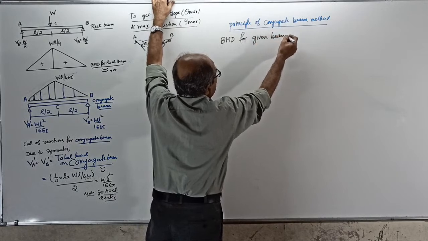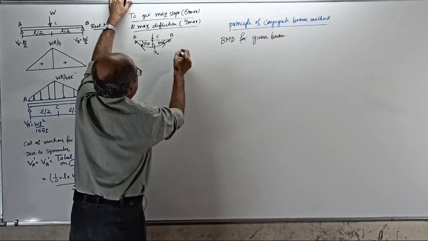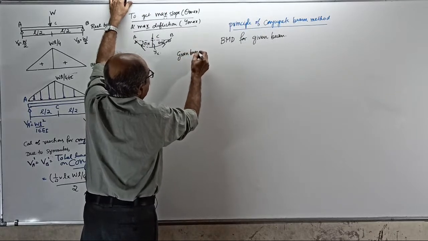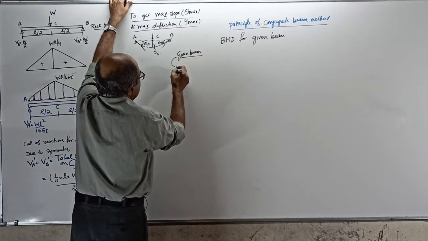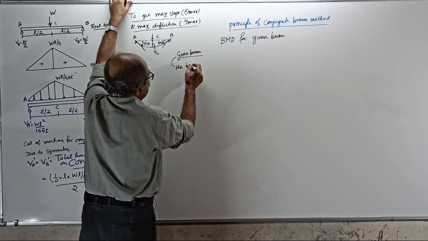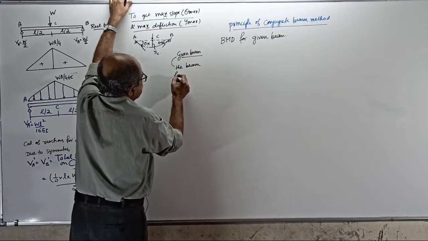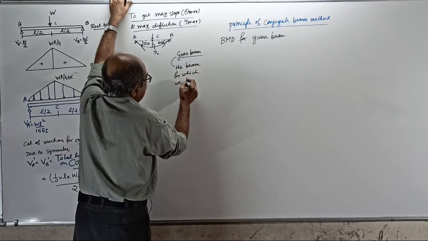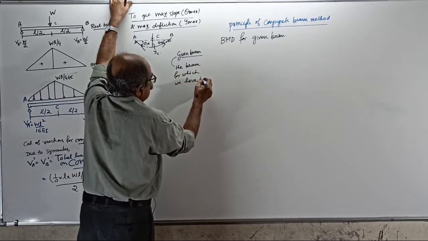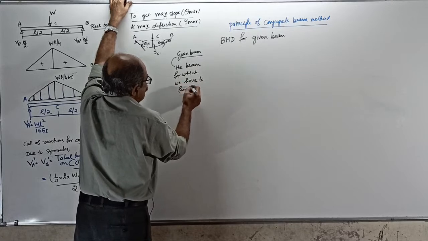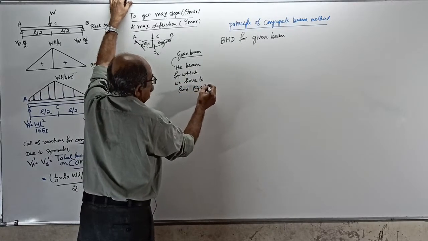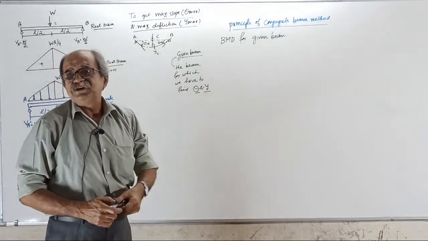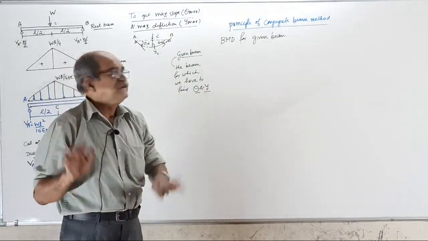I will tell you here, the term given beam means the beam for which we have to find slope and deflection. You know the symbol, why waste time? The beam for which you have to find slope and deflection.